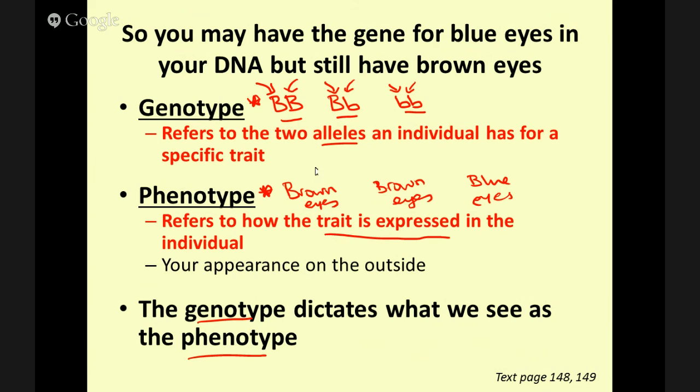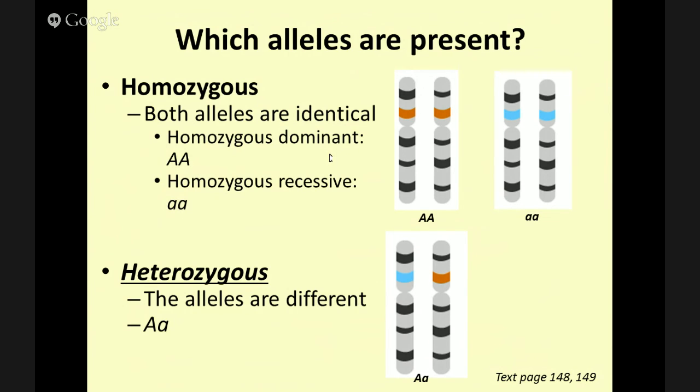And remember, if you've got 2 letters that are the same, that's called homozygous. So this one and this one are both homozygous. And then if the 2 letters are different, that's called heterozygous. So you'll see these words, genotype and phenotype, coming up in exam questions. So like I said, homozygous, both alleles are identical.